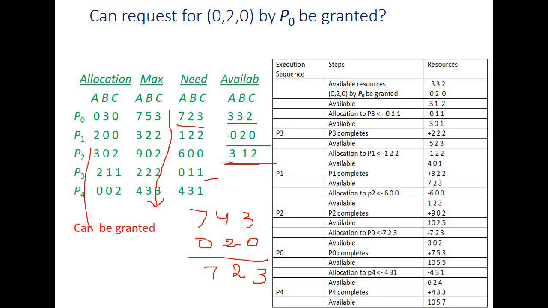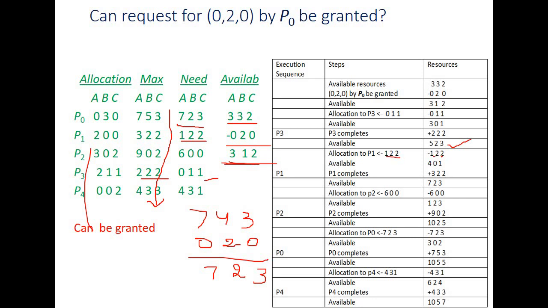From the available resources 312, 011 is subtracted, and the available resources will become 301. P3 will go for execution, and it will release all its resources, 222. So now the available resources are 523 in hand. Now with 523 we can satisfy the request of P1. P1 requires only 122.